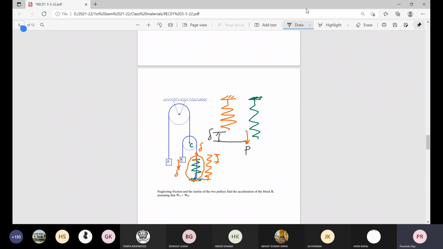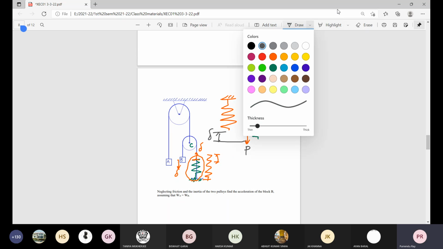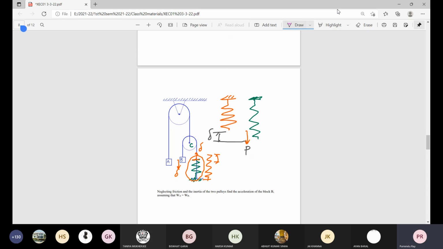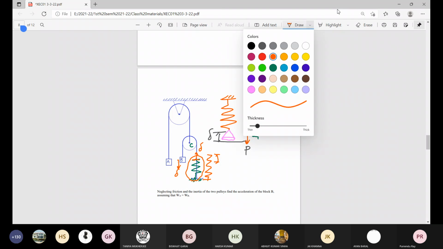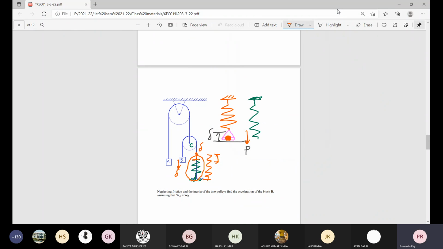Simply, just think about this. At the free end, you attach one pen-like thing, and you place there one simple mass having certain weight.